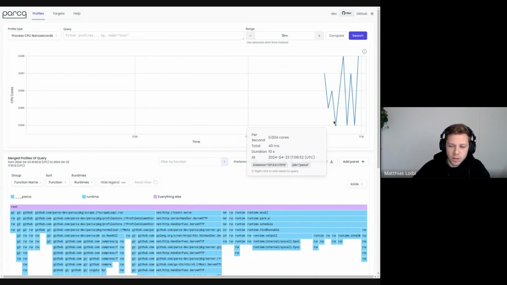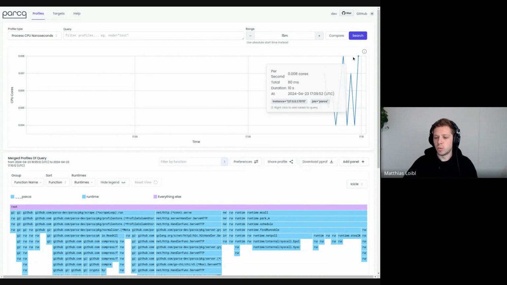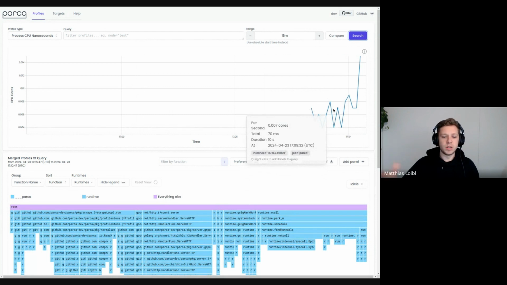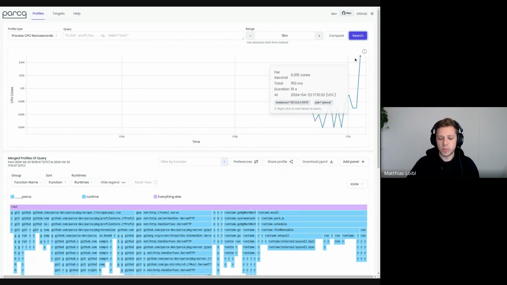So we show not only the total, like 40 milliseconds, but broken down per second, kind of like a rate function in Prometheus, which is helpful to graph and visualize, especially if the underlying duration that you profile for differs a lot.